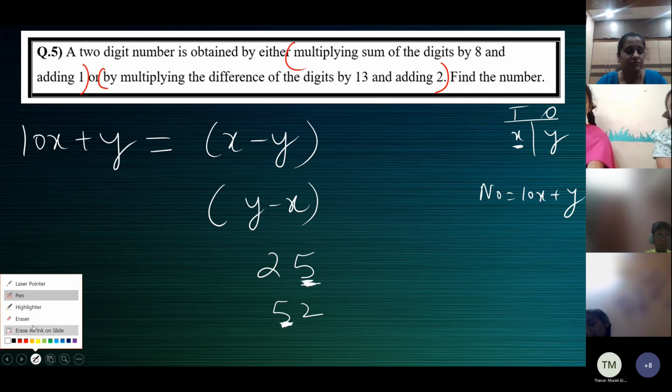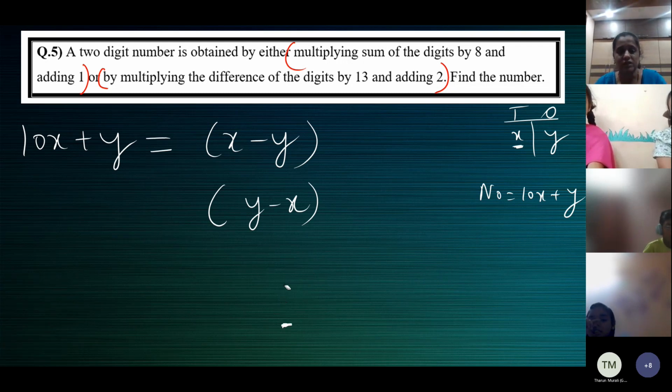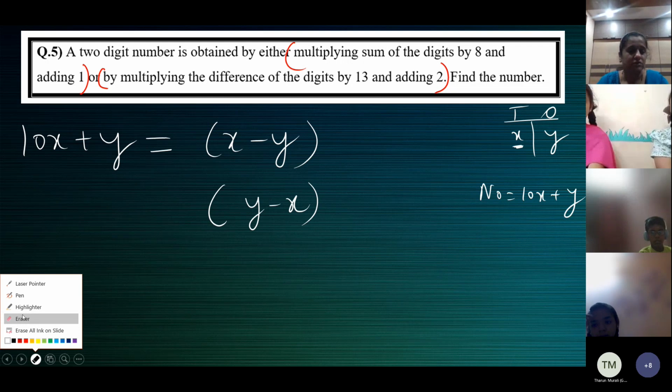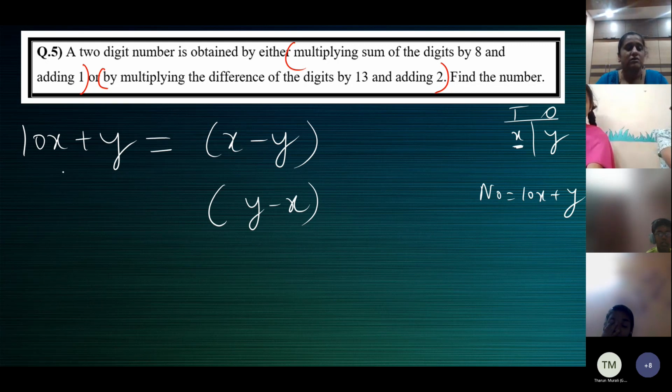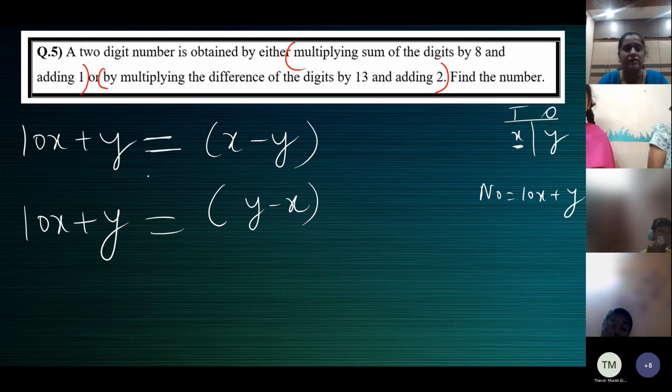So the two-digit number 10x plus y can be obtained by multiplying the difference of the digits. The difference of the digits can be x minus y or y minus x, depending on which digit is greater. If the tens digit is greater, it's x minus y.